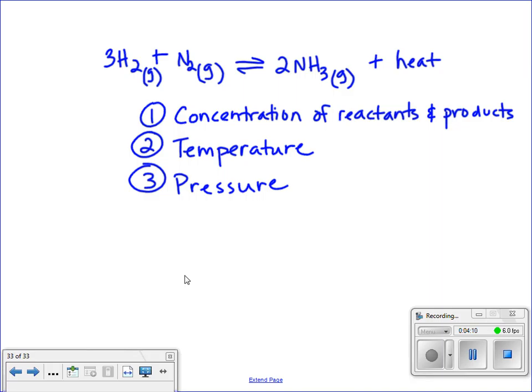So let's go ahead and look at each one of these separately and talk about what the effect of increasing concentration or decreasing concentration of reactants and products, and same thing with temperature and pressure. So we'll go through concentration first.